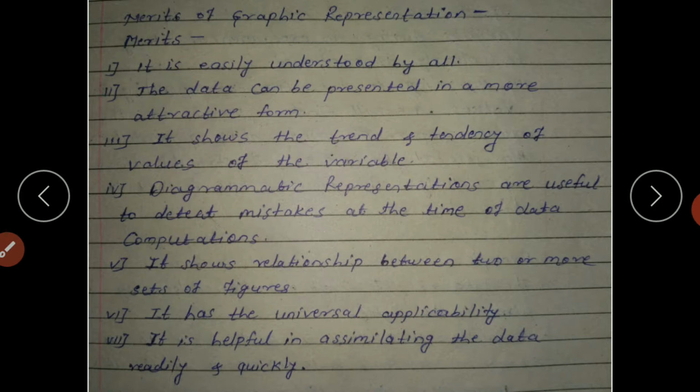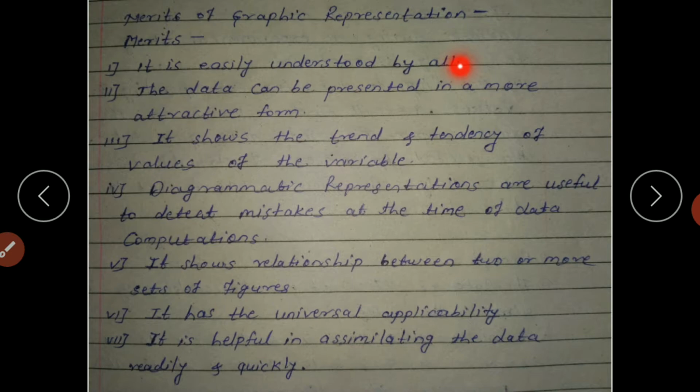So now let's have a look at the merits of graphic representation as well as the demerits. First, the merits. It is easily understood by all.